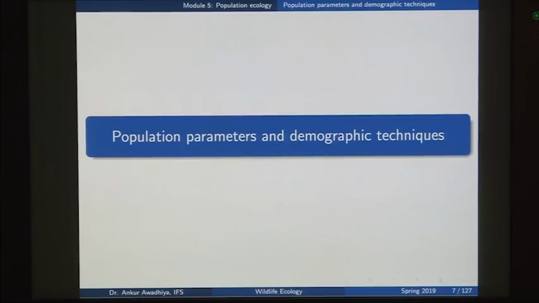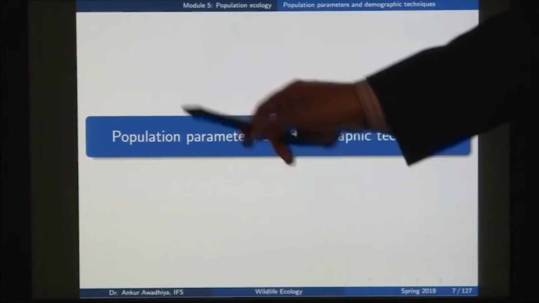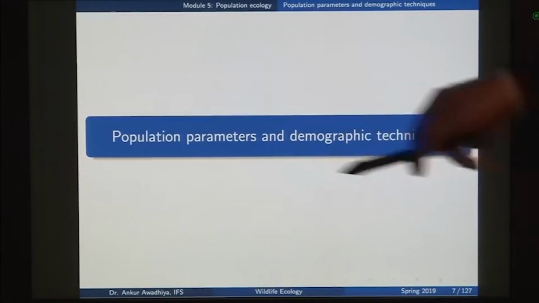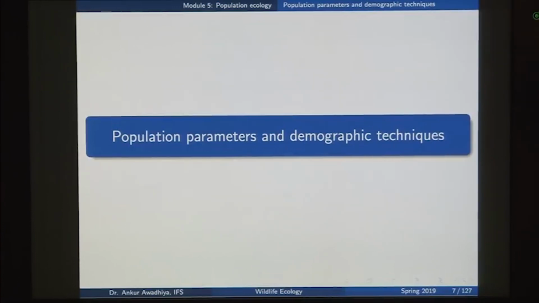So here we want to understand what are the parameters through which we can describe a population, and then how do we measure those parameters? What are the demographic techniques that we have? Now, demography: demo means people, graphy means to write.